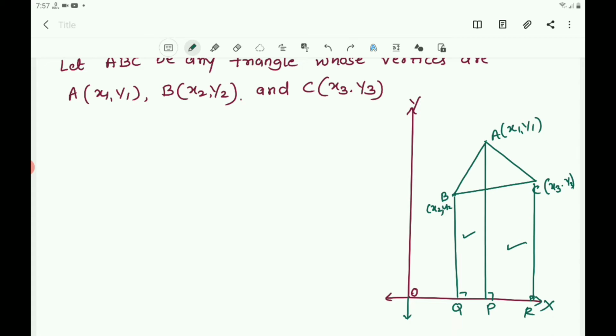Now let us write what you have done here. You have drawn the perpendiculars AP, BQ and CR.